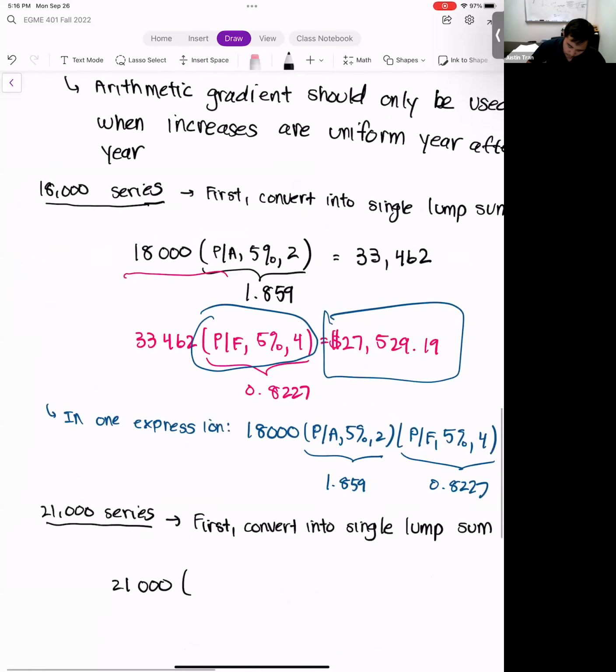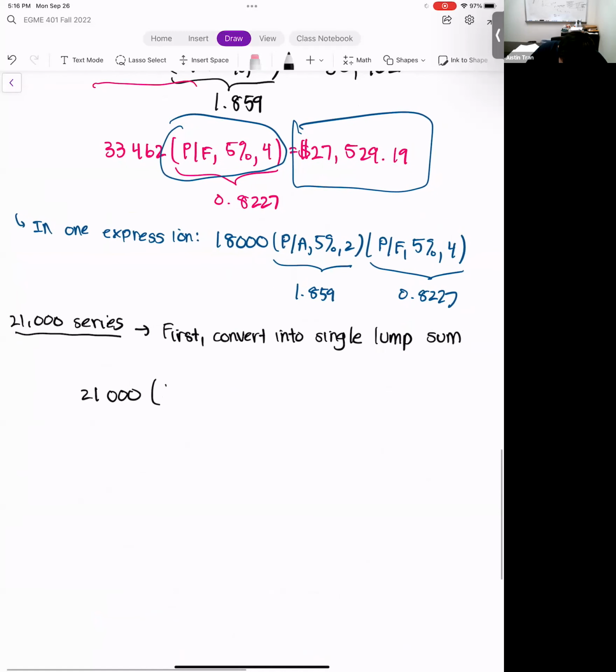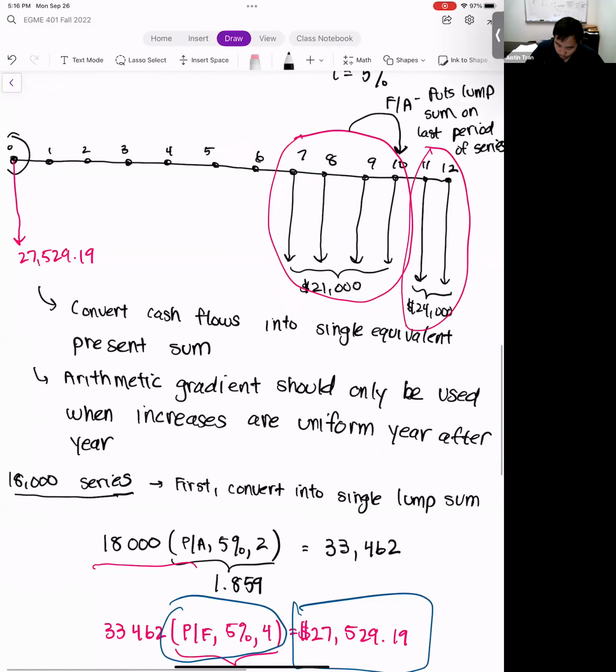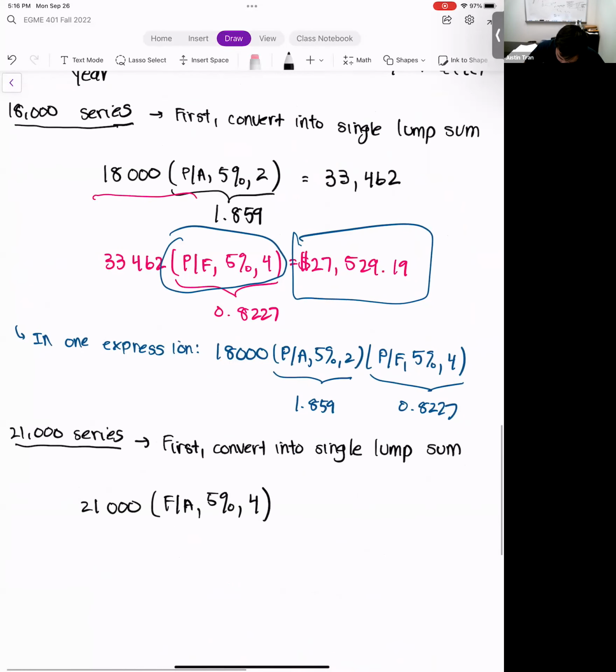Okay, so let's go and do that. So we have 21,000. We have an F over A conversion. Our I here is 5%. And the number of years this is taking place is 4. Okay. Okay, so let's go ahead and look in the compound interest tables, and we have F over A. The F over A for 5% and 4 is 4.310.